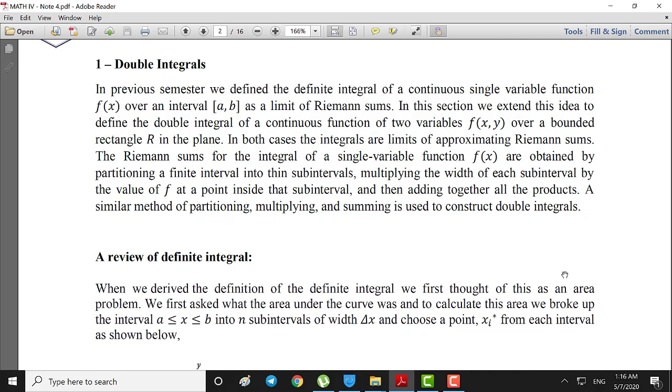Now, first we try to learn to calculate the integration of a multivariable function under the title of double integrals. Now, in the previous semesters, we defined the definite integral of a continuous single variable function over an interval from a to b, as you remember, as a limit of a summation which we called the Riemann sum.